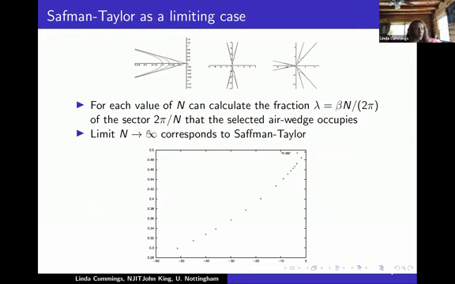So we would expect our solutions in that limit to pick out the lambda equals 1/2 limit, and indeed that's the case.